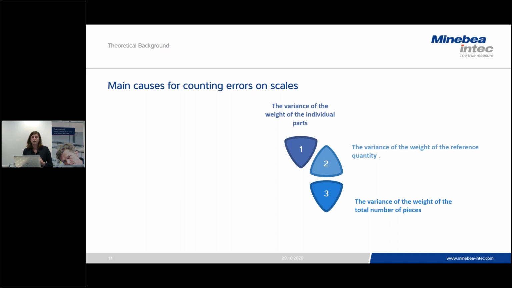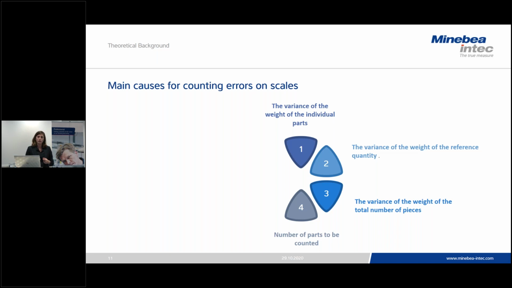The third one is the variance of the weight of the total number of pieces, which in our example was 1,300 grams. For example, the weight of the individual part was 1.3 grams, and the weight of the reference quantity was 13 grams. The fourth influencing factor is the number of parts to be counted. This was, in our example, the 1,000 pieces.